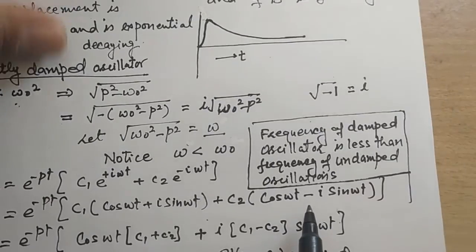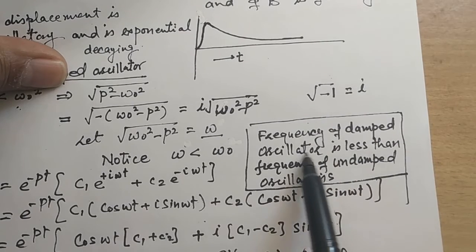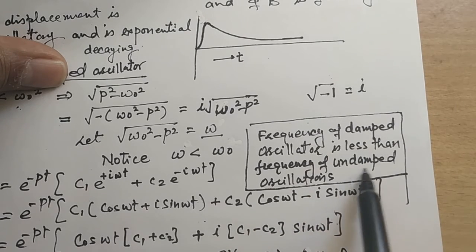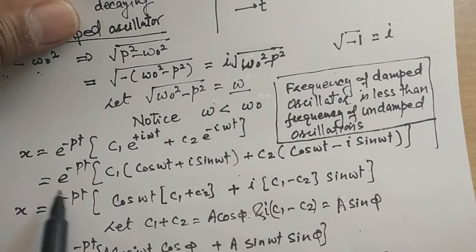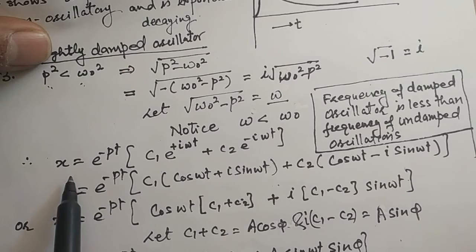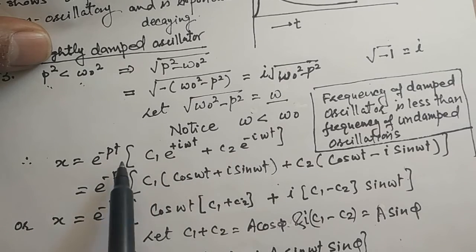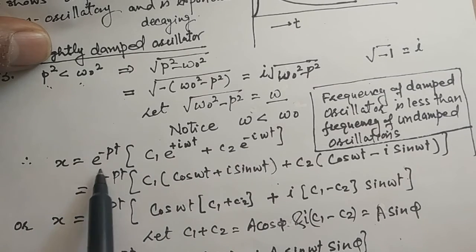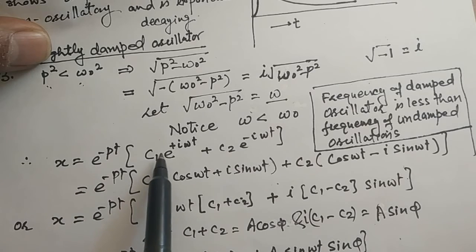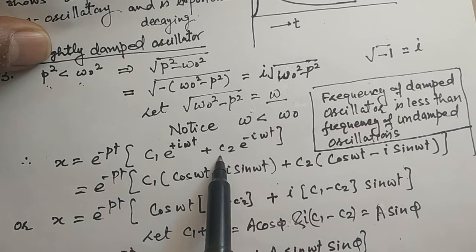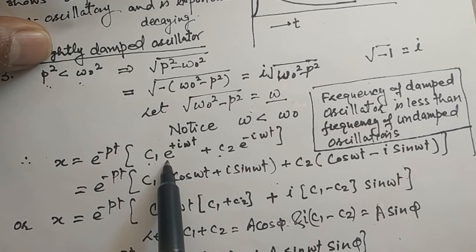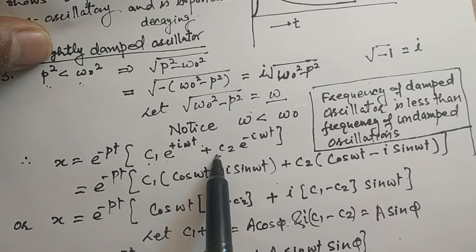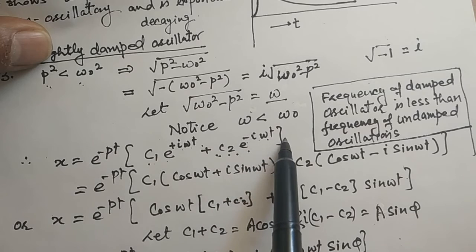So now we can say the displacement, that is the solution of the differential equation, will be e^(-pt). We write down again a linear combination with C1 e^(iota omega t) plus C2 e^(-iota omega t).